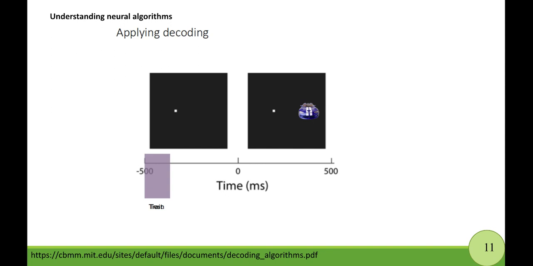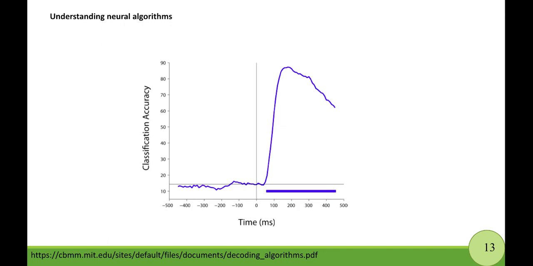And then from 0 to 500, we show the stimulus at this time frame, and we expect that the neural decoder starts to give us some accuracy, and it's able to predict the class that this car is from. And this is representative of it. So from minus 500 to zero, you'll see the neural response is around the chance of what that prediction is.